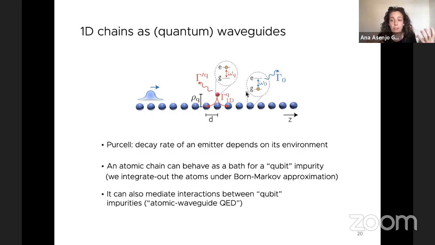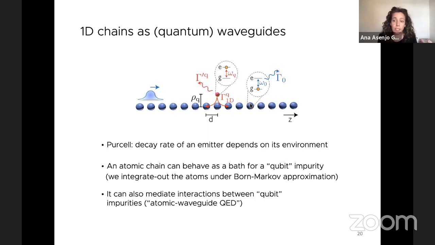As I've said before, Purcell already told us that the decay rate of an emitter depends on its environment. So now I'm going to have this impurity qubit in the presence of this environment that is vacuum modified by the presence of the atomic waveguide. So this atomic waveguide is a bath for this impurity.